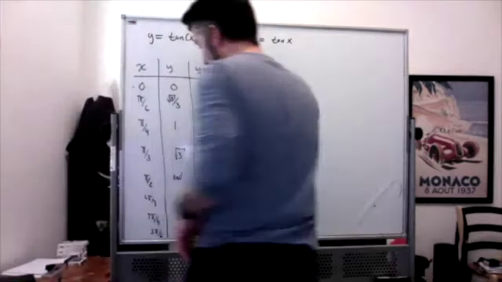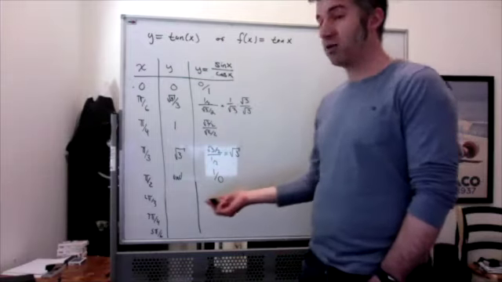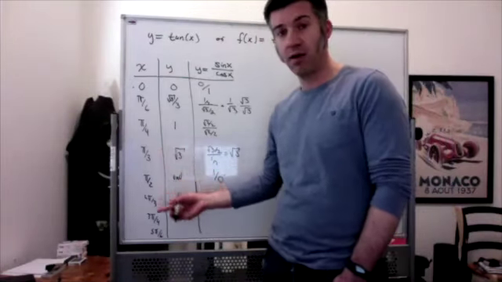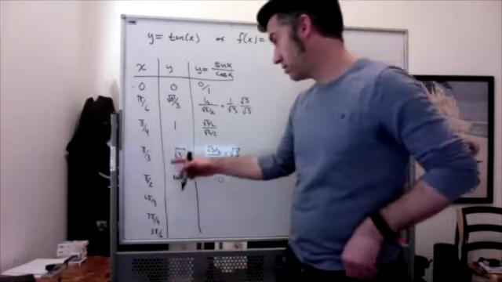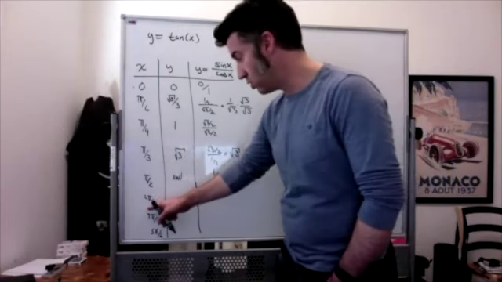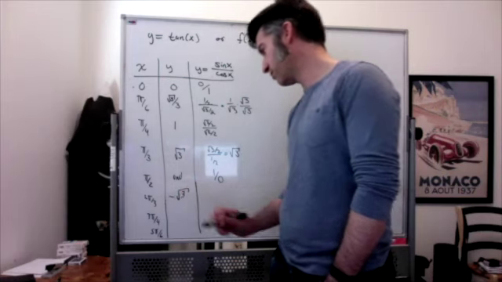In quadrant 2, tangent is negative, but the values are the same for the same reference angles. So pi over 3 and 2 pi over 3 both have pi over 3 as the reference angle. Tangent of pi over 3 was the square root of 3. Tangent of 2 pi over 3 is going to be the negative square root of 3.